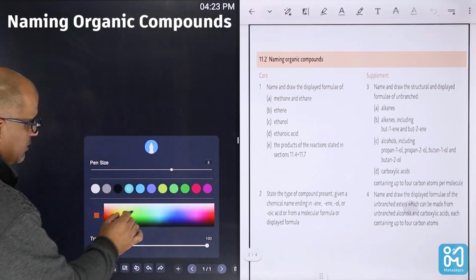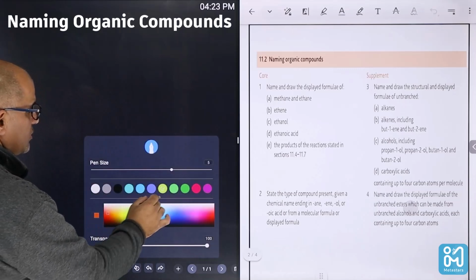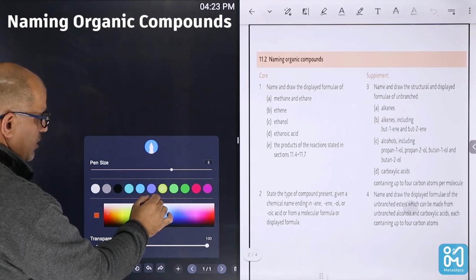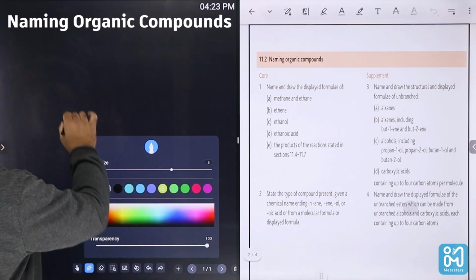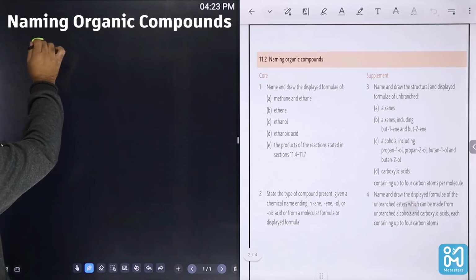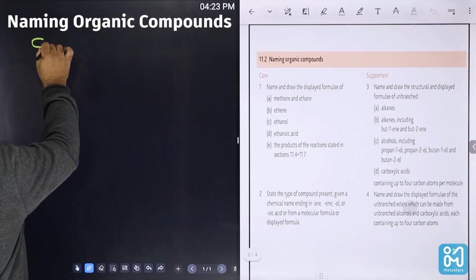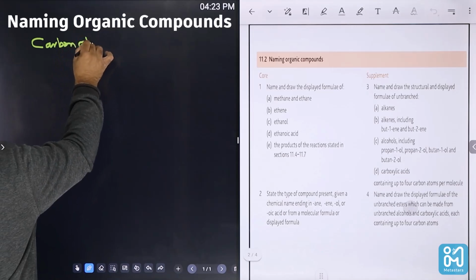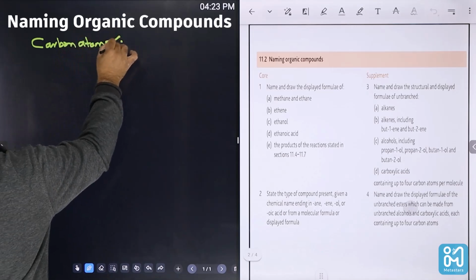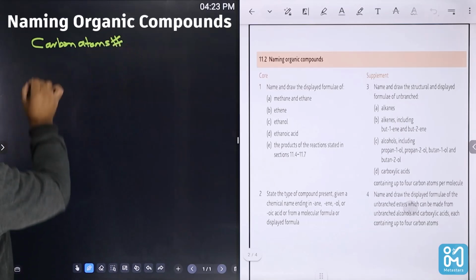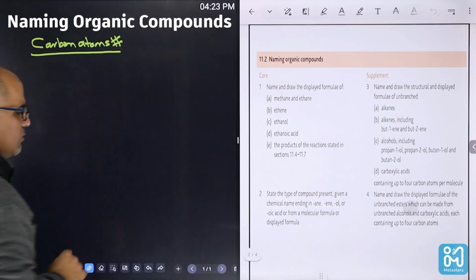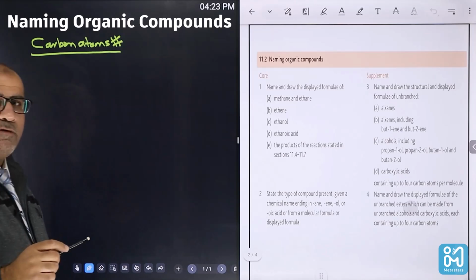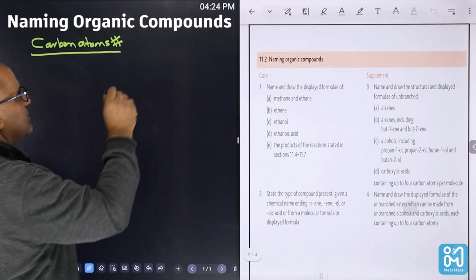First of all, we shall know the first rule for naming organic molecules. It depends on the number of carbon atoms. And as you know, for naming, you have prefixes and suffixes.